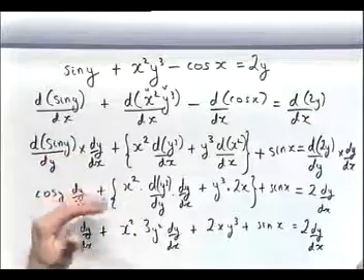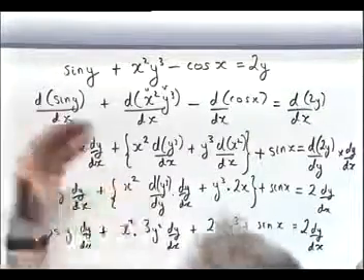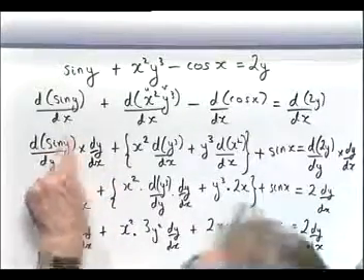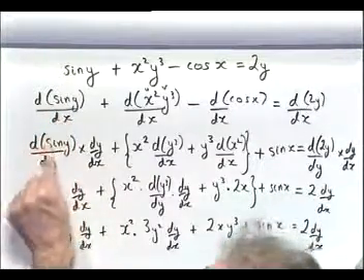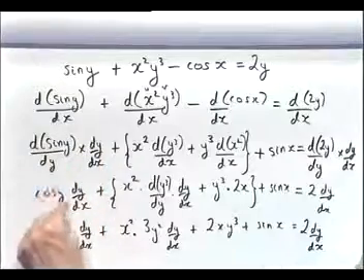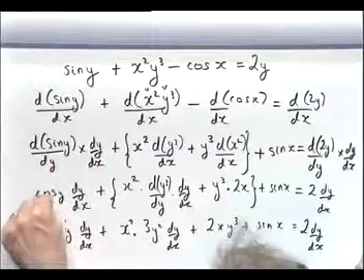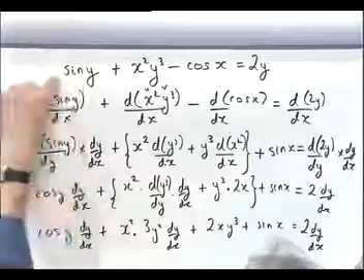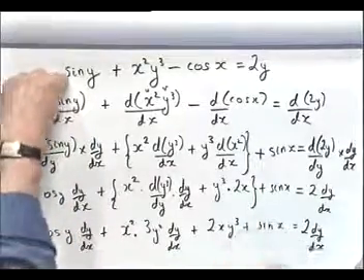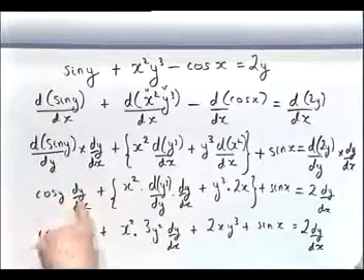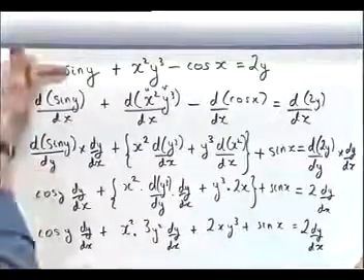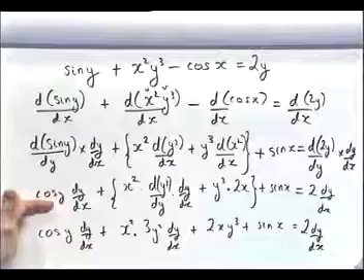It would be helpful if we could automate some of this process, so that instead of writing down the derivative of sine y with respect to x and going through the chain rule, we went automatically to all we need to do is differentiate sine y with respect to y, that's cos y, and multiply by dy by dx. So we automate. We would miss out at least these two lines and go direct from there to there.